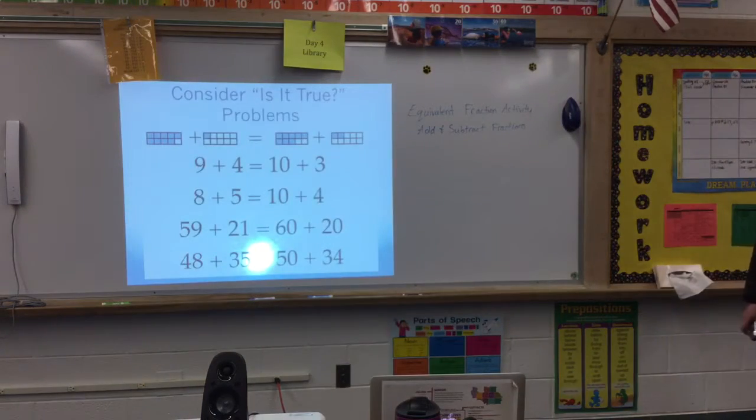Okay, how about this? Do you ask them any "is it true?" questions, to compare side by side? All right, my 10 frames, is it true? Yes? How do you know?